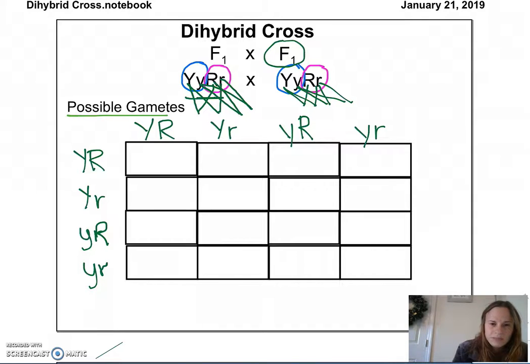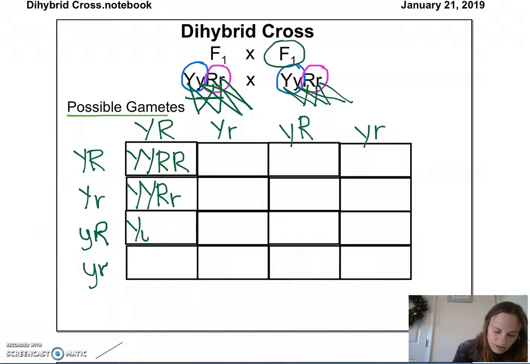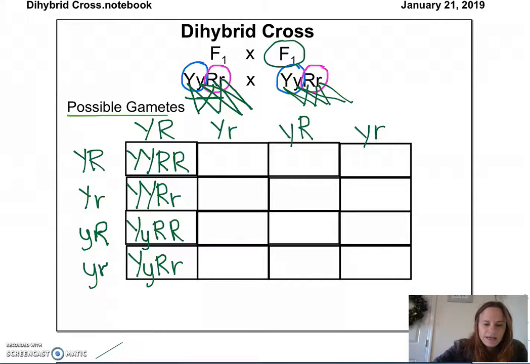And what do I mean by combine? So let's go through it. Here I would get capital Y, capital Y, capital R, capital R. Below it, I would get capital Y, capital Y, capital R, lowercase r. Then capital Y, lowercase y, capital R, capital R, and so on. So take a second and fill out the rest of these crosses.